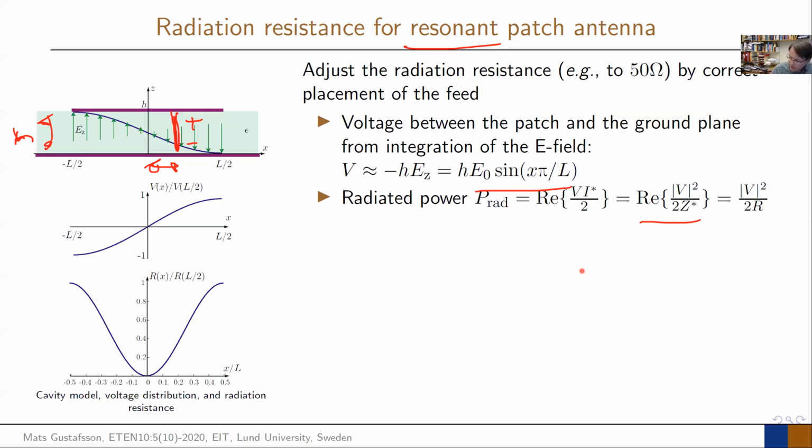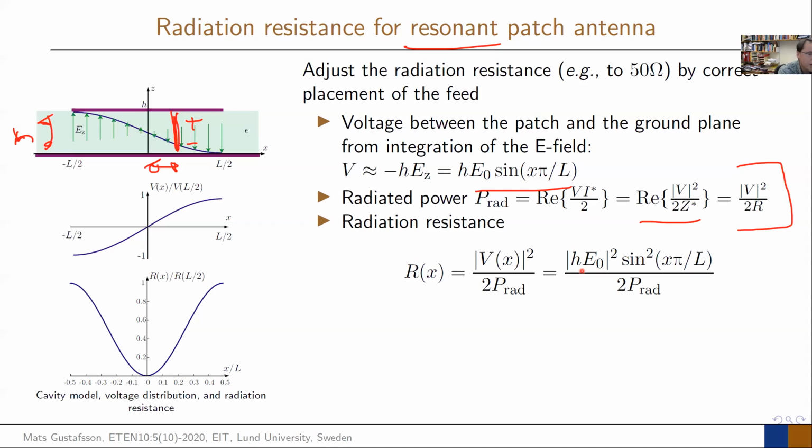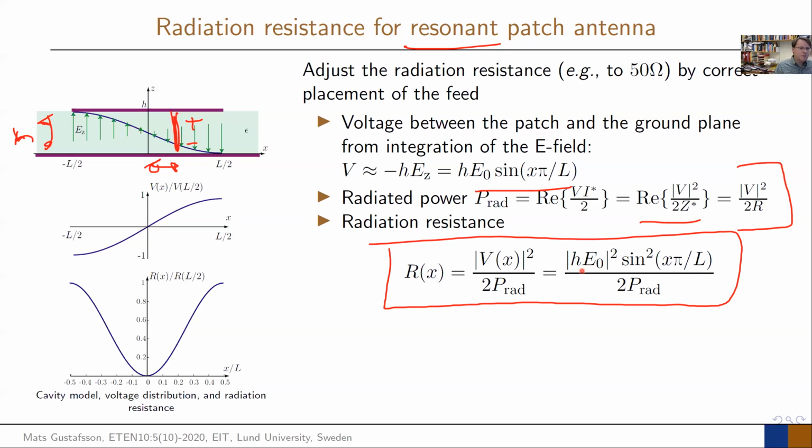And that means here that the radiated power of these ones can be written as the voltage squared over 2 times the radiation resistance. So that is what your radiated power is. That is something that we know. And then we know how that changes when we move over the patch. So the radiation resistance of these ones, I can just flip around the equations here. And then I can write up here, what is the radiation resistance? So the radiation resistance now depends on a few parameters that we have here.